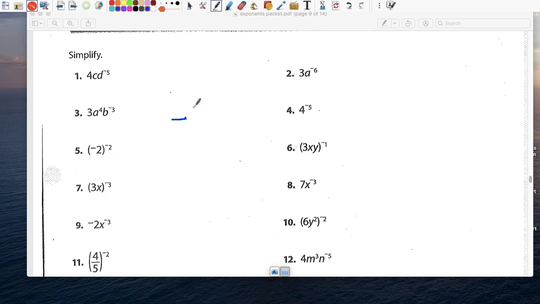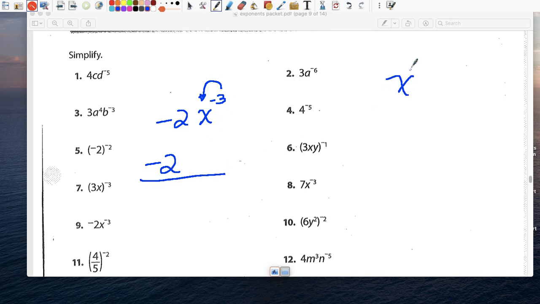9, negative 2, x to the negative third power. So notice that this negative third power is only being applied to the x, nobody else. Negative 2, there's absolutely nothing to do with negative 2. So leave it as it is. Well, you probably realize that x is raised to a negative exponent, so we're going to take that.